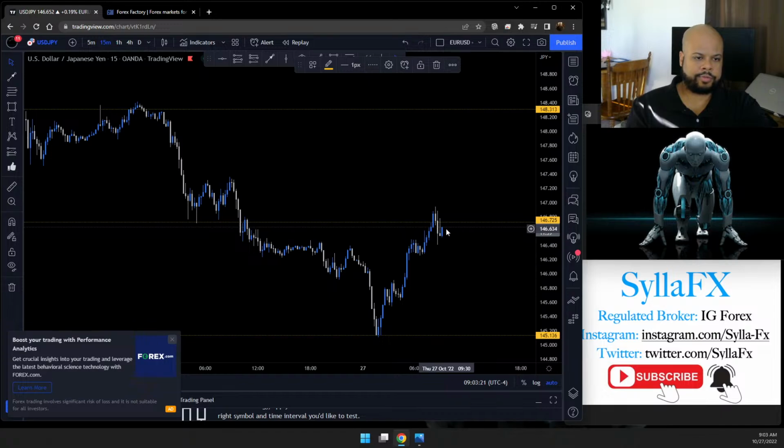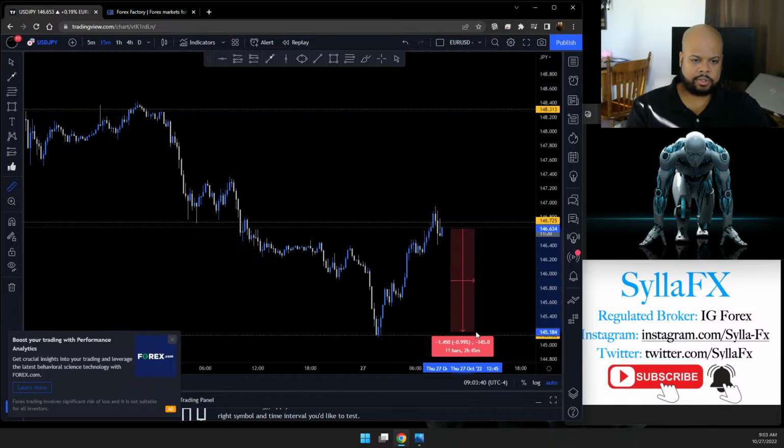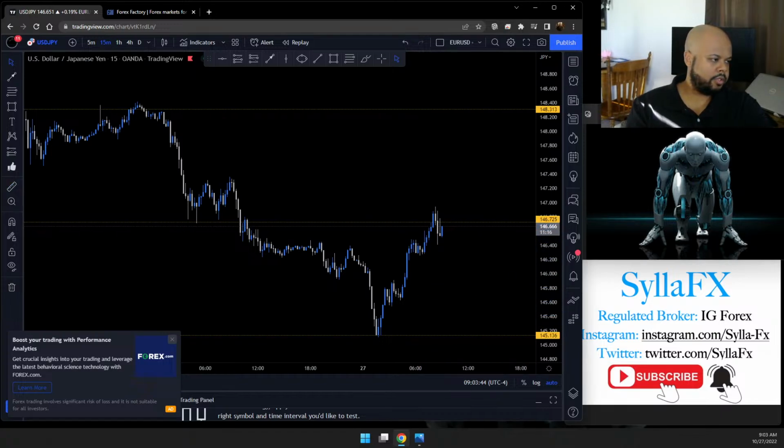I like this move here. Off of a major level, I might take this one. So how many pips are we working with here? If I sell, I'll be aiming for about here. Yeah, you know what? That's one that I like. I'm going to take a sell position here.